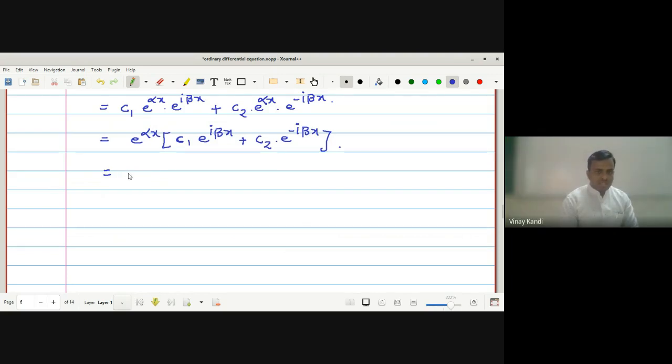So putting here e raised to alpha x into C1, what is the value of e raised to i beta x? Cos beta x plus C1 i sin beta x. Okay, any doubt? No, sir. This is the first. Now plus again C2 e raised to minus i beta x. What is the formula?